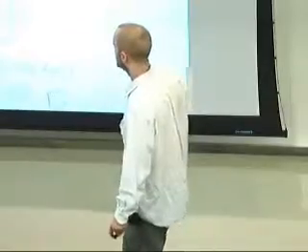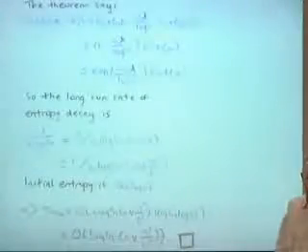Because if you have a min and then you do 1 over it, you have to change it to a max. And now I'm using the fact that t is at most n cubed over L cubed. So we can replace the t by n cubed over L cubed. This gives us a bound on the decay of entropy per unit of time over the medium term. Again, the initial entropy is n log n.